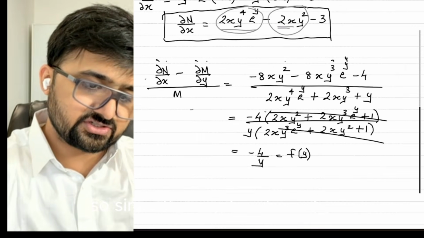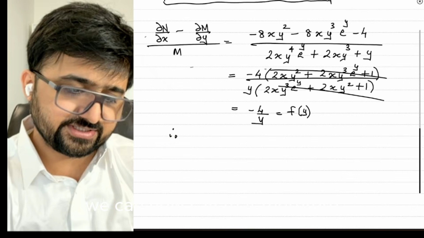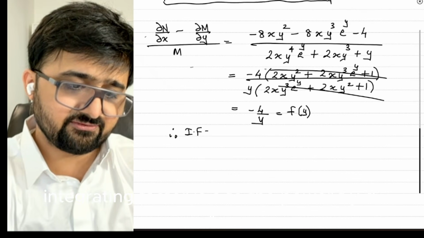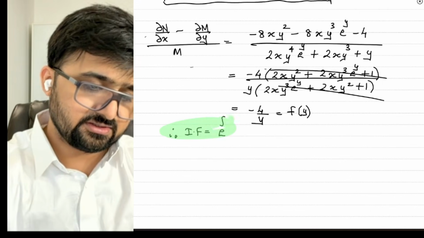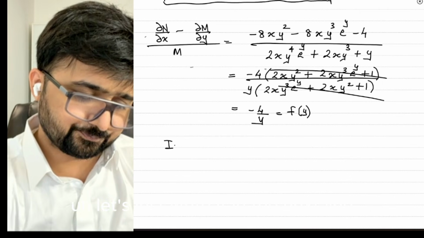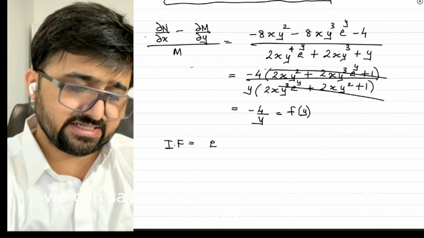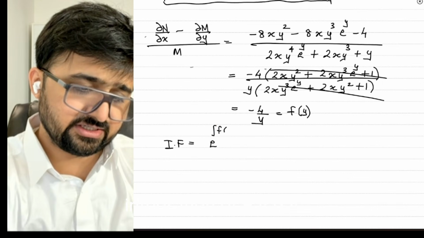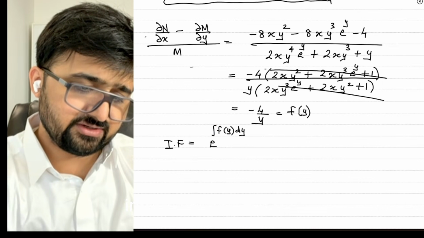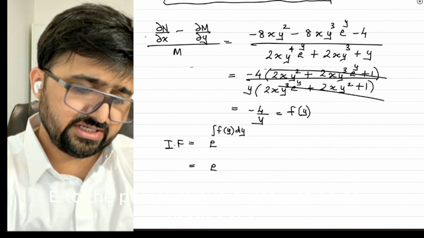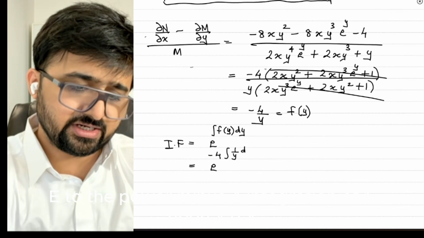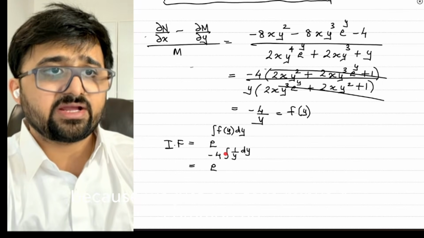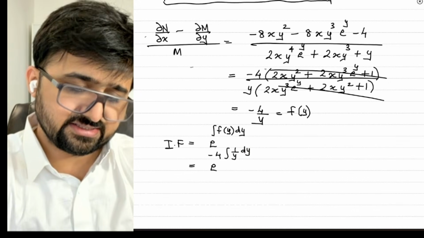Since this is a function of y, we can now say that the integrating factor is e to the power integral of f(y) dy. Let's write it in the next line. The integrating factor is e to the power minus 4 integral of 1 upon y dy, because we can take minus 4 common inside the integral.